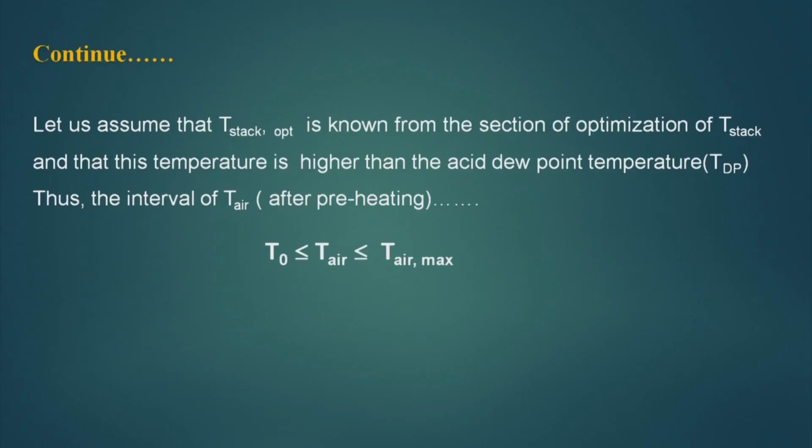Now, if it is so, then my T air will be within the limit Tr maximum and T0. Within this limit I have to find out T air optimum, which means the temperature up to which the air should be increased, calculated based on optimization.